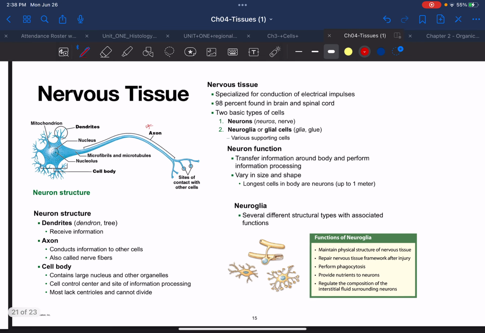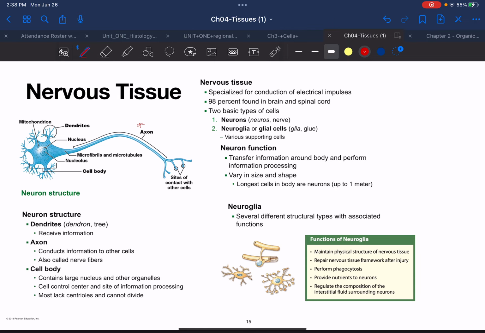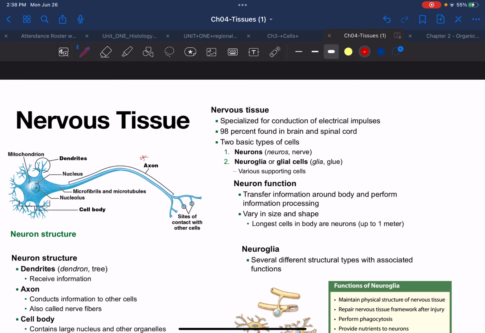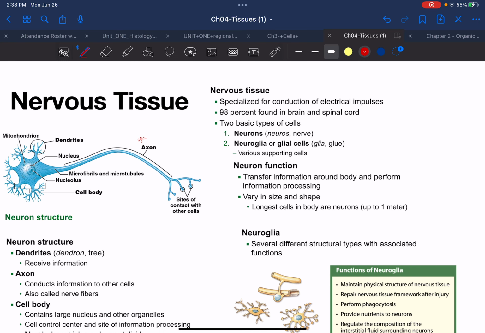And then nervous tissue. In nervous tissue, we have our neurons. We have our neuroglia. These are the assistive cells, the supportive cells, and the neurons are the ones that carry the impulses.